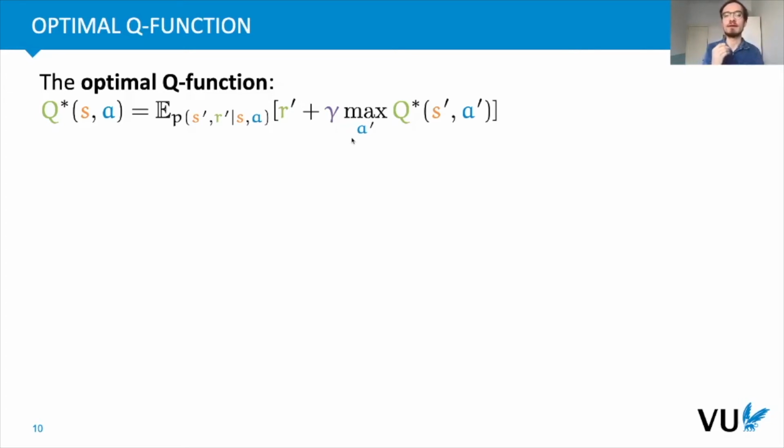This recursion is very important. If you could not completely follow the derivation, that's fine. But this optimal Q function is going to be very important and very fundamental within reinforcement learning.